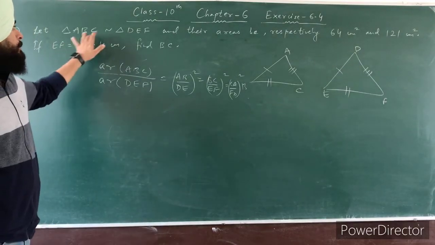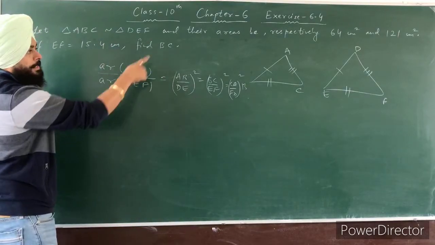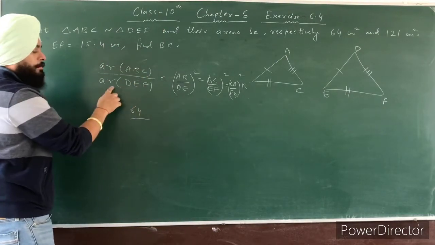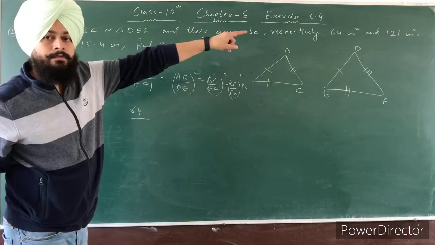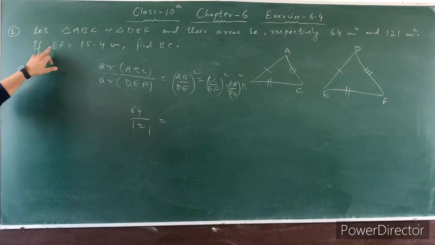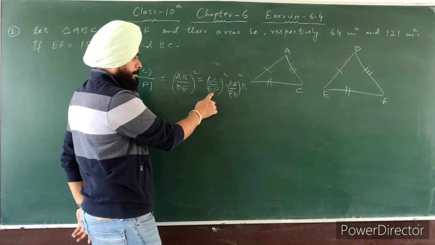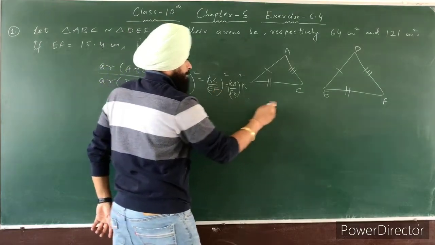So the areas of both these two triangles are given. Now go to the values. Area of ABC is 64. Area of DEF, second triangle, is 121. EF is equal to 15.4. You can see here EF is this one.